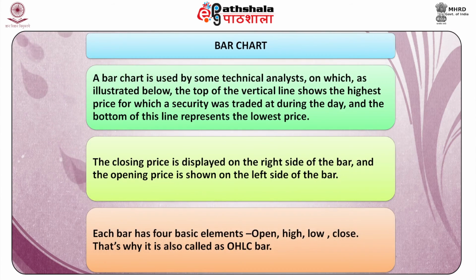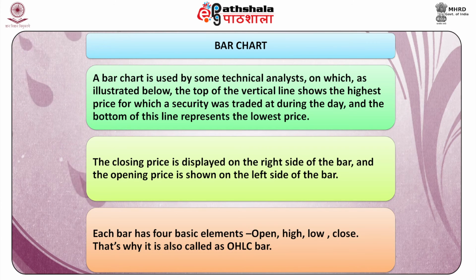Both Dow theory and Elliott wave theory are important to understand trends. But there are some other types of charts. Some of them are as follows. Bar chart. A bar chart is used by some technical analysts on which, as illustrated below, the top of the vertical line shows the highest price for which a security was traded at during the day, and the bottom of this line represents the lowest price.